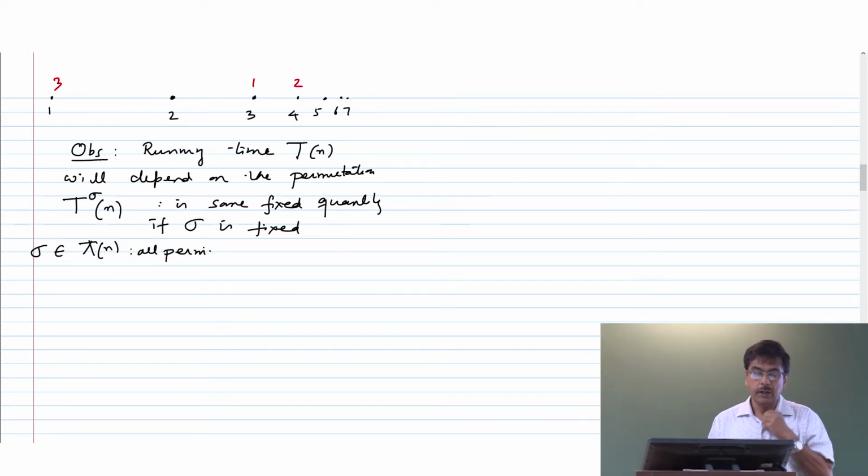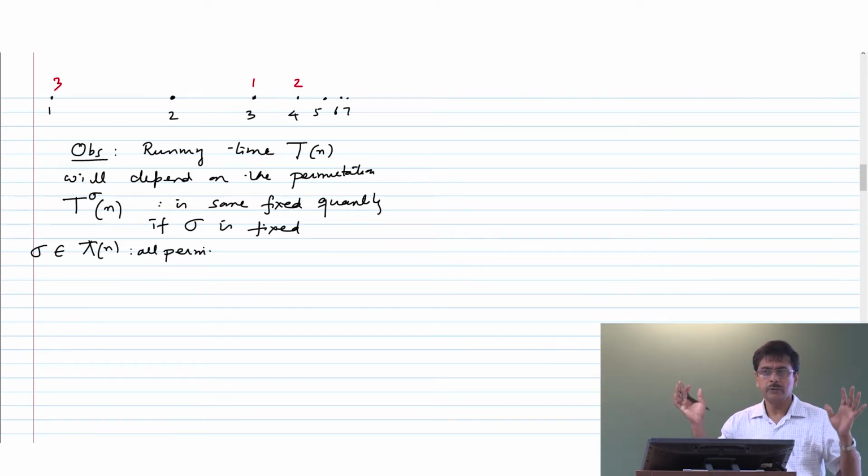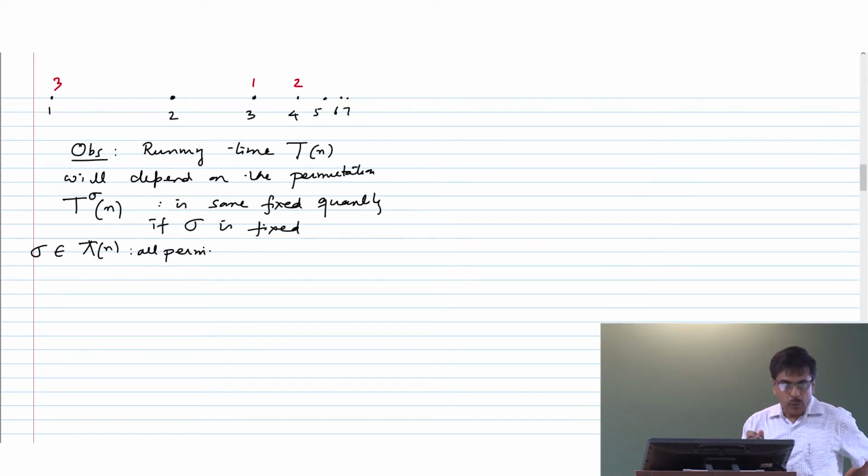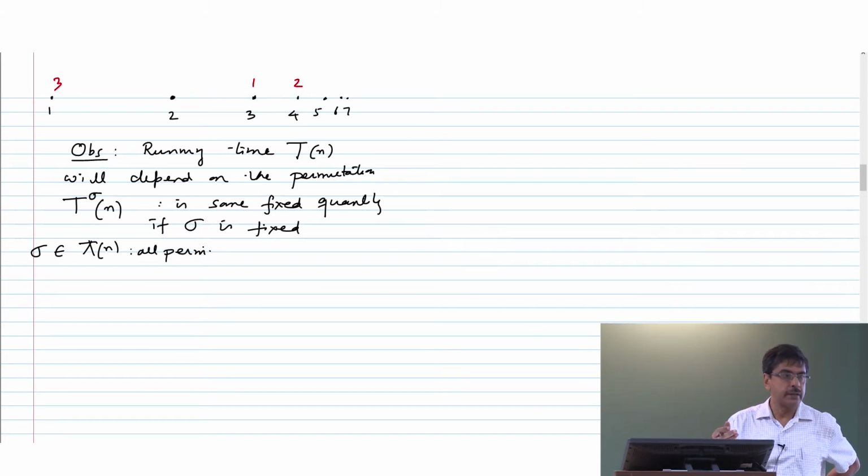So then what am I saying? I am basically saying that if the ordering is fixed, my running time is also fixed, because I know exactly how many updates will be required. And what we are going to analyze is basically the average of this running time, because I am picking one of them at random, right?